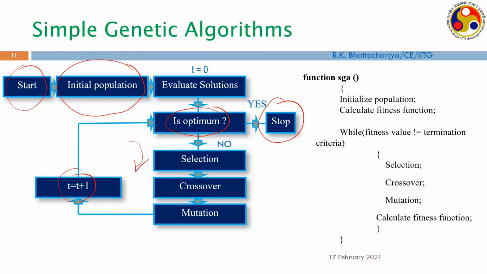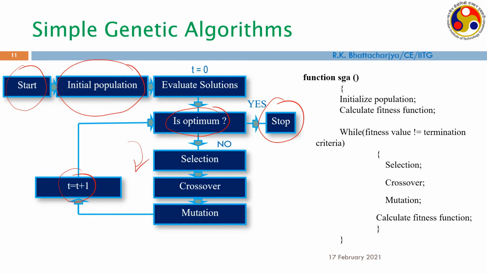One criteria is the number of iterations. I will iterate it for 100 iterations. There may also be a criteria that the optimal solution is not changing. Every generation you are evaluating, and one of them is the best solution, and this best solution is not changing for some time.